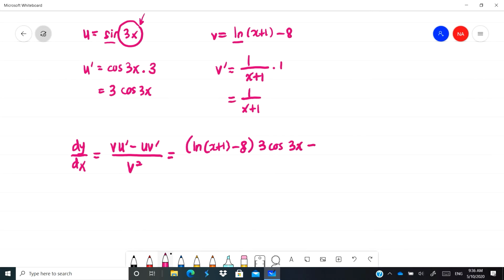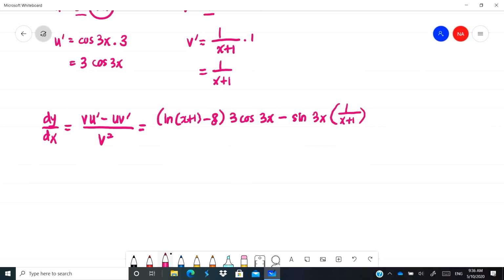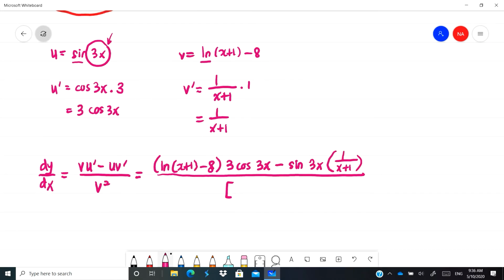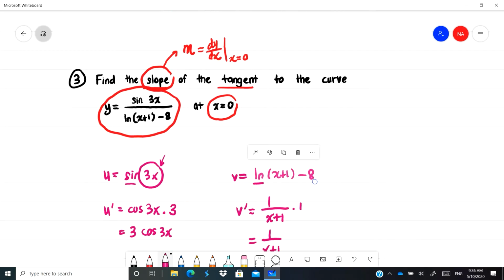Then you minus u v prime: sine of 3x, and v prime is 1 over x plus 1. This whole thing is divided by ln of (x plus 1) minus 8, all squared, v squared. So this is your dy over dx. But to find the slope, you just have to substitute at this point.